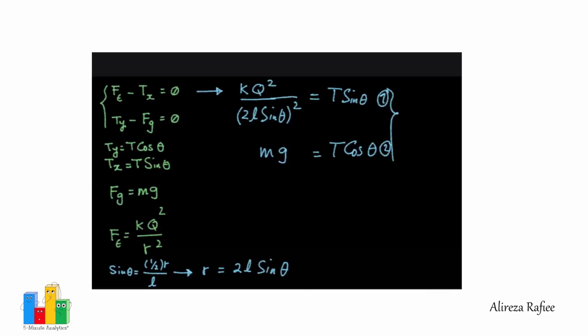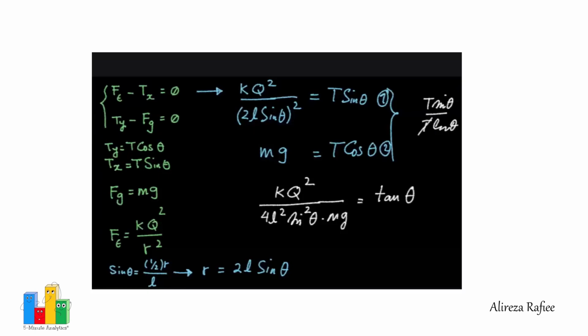So from the left side, we will have k Q squared divided by 4L squared sine squared of theta times mg, and it would be equal to tangent of theta, sine divided by cosine. So you will have T sine theta divided by T cosine theta, T cancels T, and so this becomes tangent of theta.